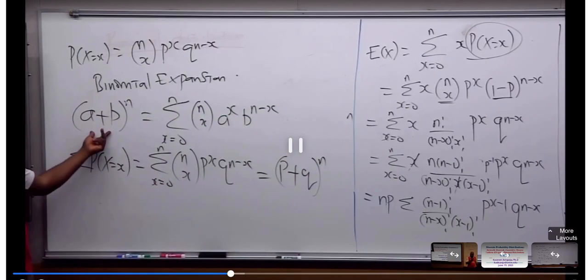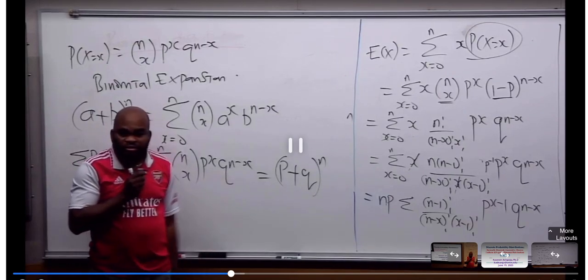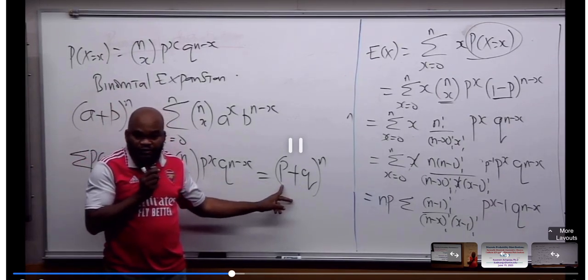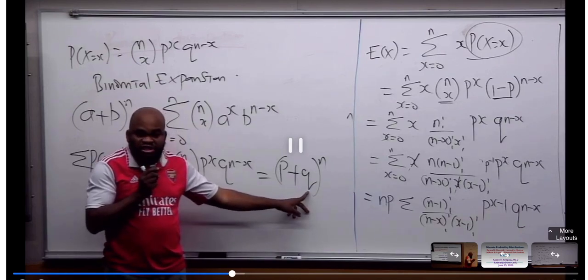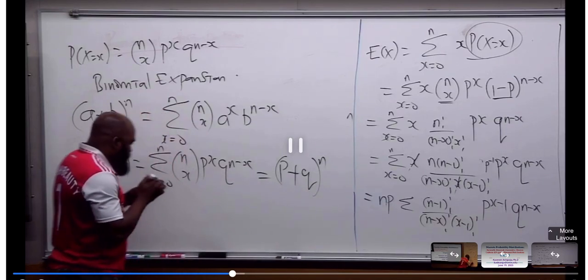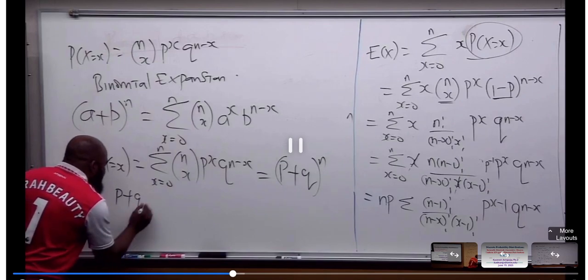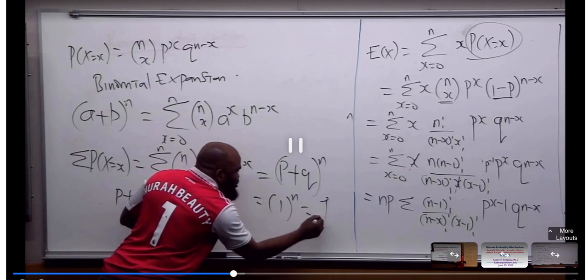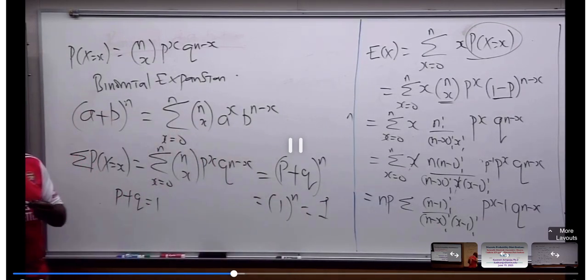What is p plus q? That's 1, because p is the probability of success and q is the probability of failure. Of course, we know p plus q equals 1. So 1 raised to the power n is also 1. Just wanted to take note of that.